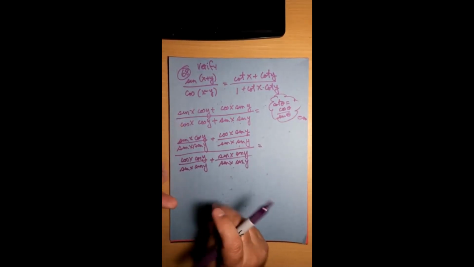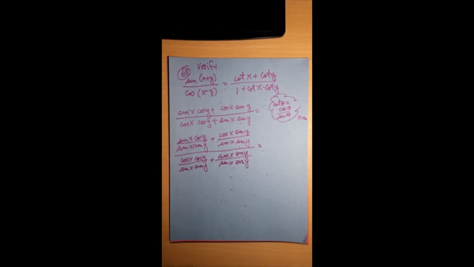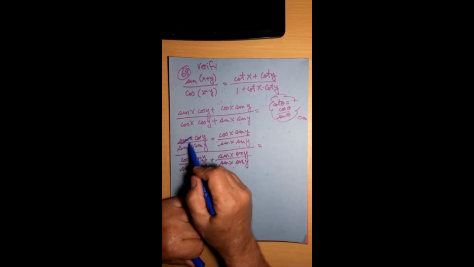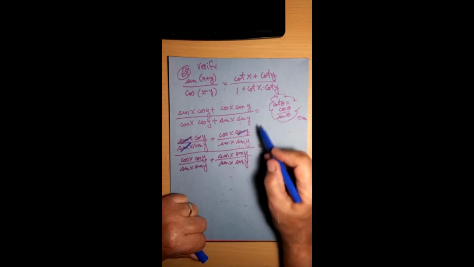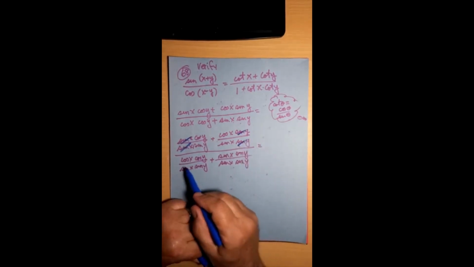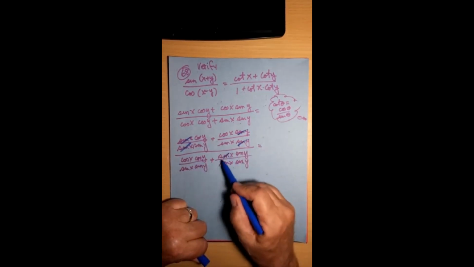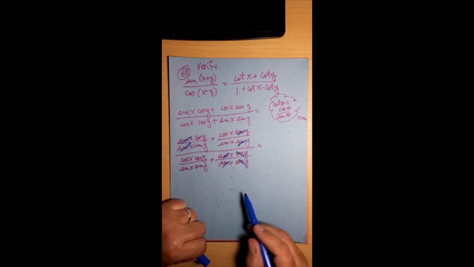Now, a lot of things cancel. I'm going to use a different color to cancel. So this sine x cancels that sine x. This sine y cancels that sine y. None of these cancel, but both of these cancel.